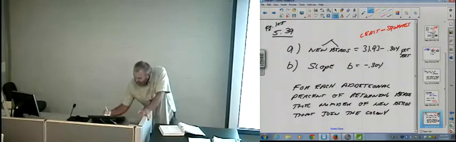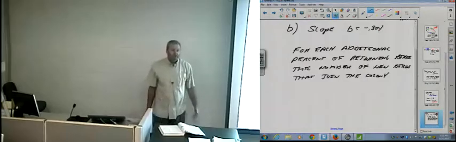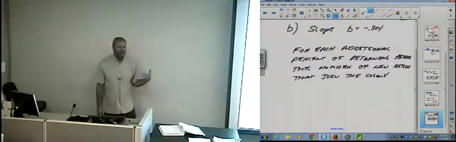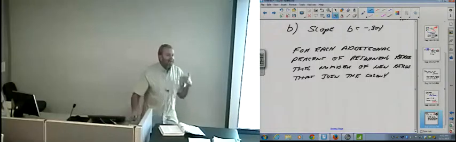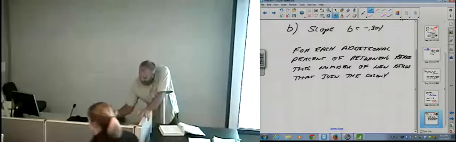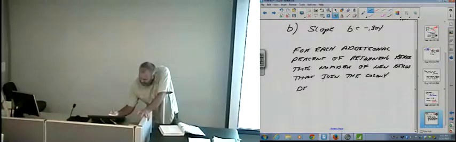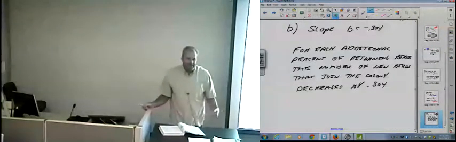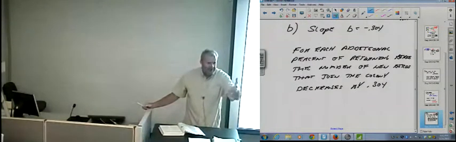Does it increase or decrease? Remember, the sign of the slope will tell you whether it increases by that number or decreases. The slope is negative, so the number of new birds that join the colony decreases by 0.304. I don't have to write the negative because decreasing is telling me it's negative.